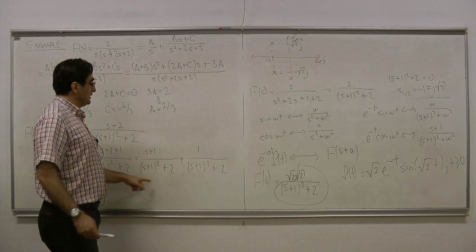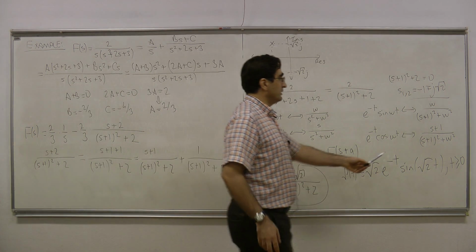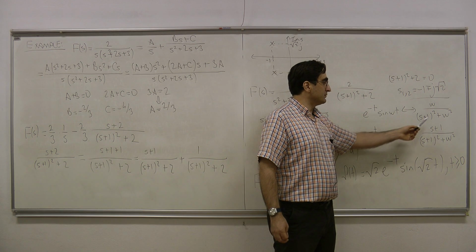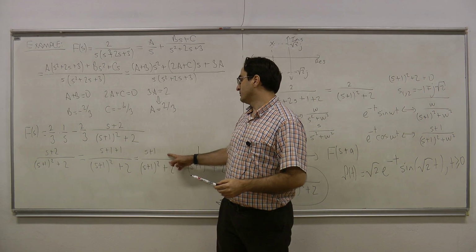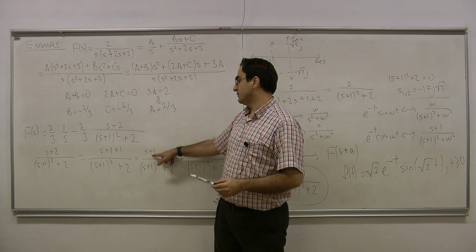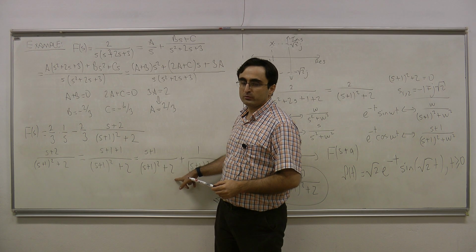Now you see that the inverse of this part is easy. Okay? Because here it is just looking like this. So inverse of this part is going to be e to the minus t, because of this plus 1 here, times cosine square root 2 t.